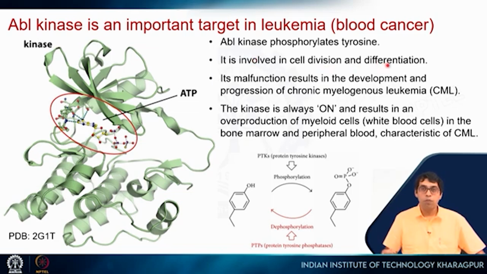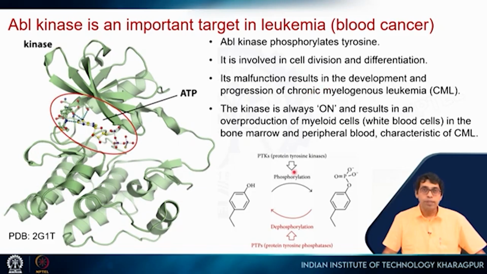Division means one cell divides into two, okay, and differentiation means that if you think about the human body, there are almost 200 different types of cells. There are stem cells, and they can differentiate into other cell types. That is differentiation. I will talk about that in more detail when we talk about cell division in later weeks.